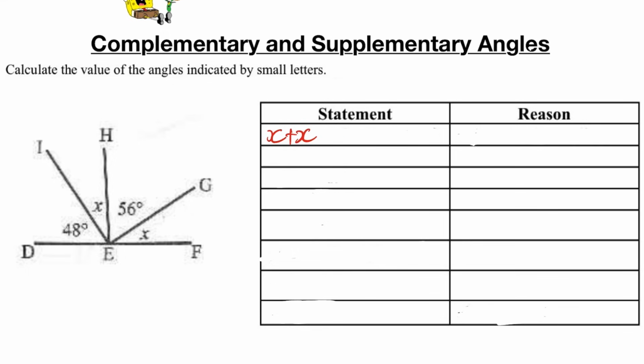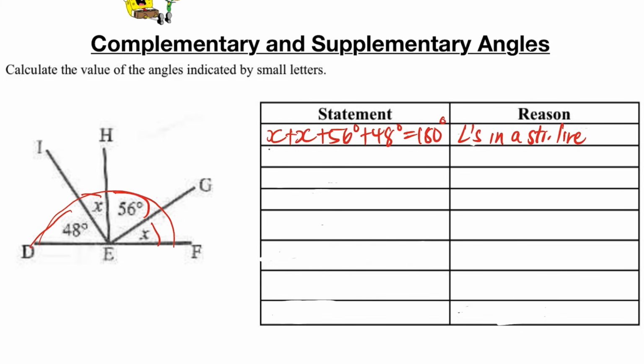You start with the variable, and then you add the others. Eventually you add all of them. So you say plus 56 degrees plus 48 degrees equal to 180, and these are angles in a straight line, which is the straight line DEF.